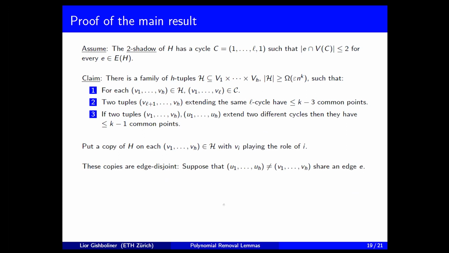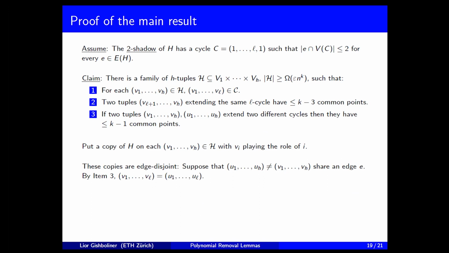So let's assume that two such tuples share an edge. Now, an edge is K uniform. It has K vertices. So these tuples share K vertices. Now, by the third item, if they extend different cycles, then they cannot share K vertices, so they must extend the same cycle.